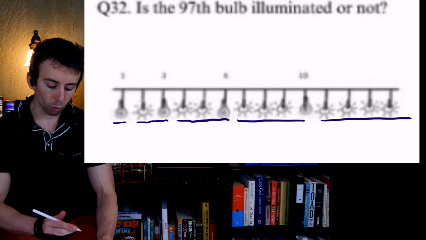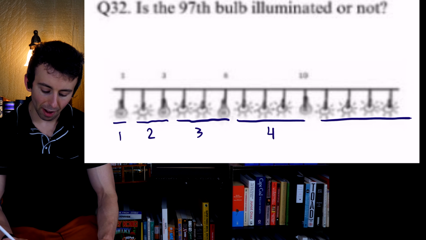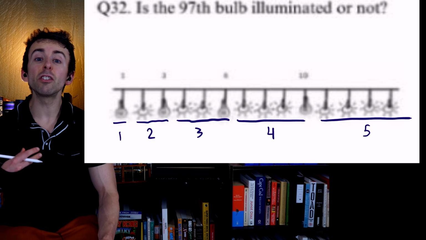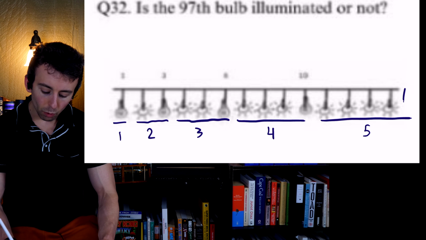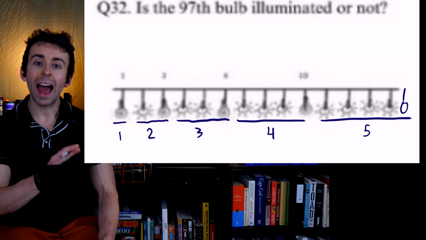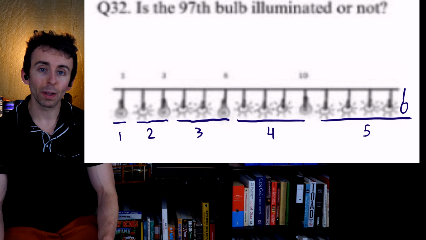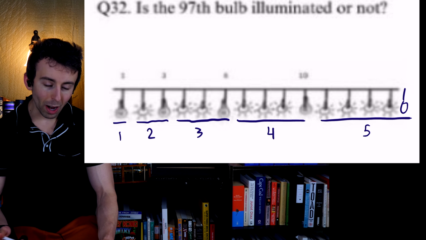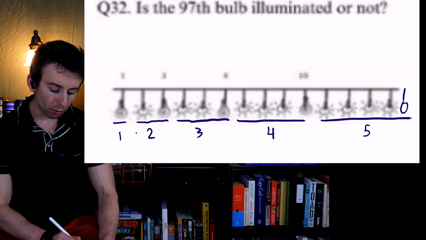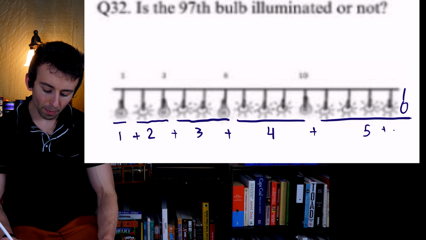In each case, the groups are going up by 1. 1, 2, 3, 4, 5 bulbs and so on. And each group is ending with an unlit bulb. So this gives us an easy way to add them up, in groups where we know the last member of each group is an unlit bulb. So if we're adding up these counts of bulbs, it's 1 plus 2 plus 3 plus 4 plus 5 and so on.